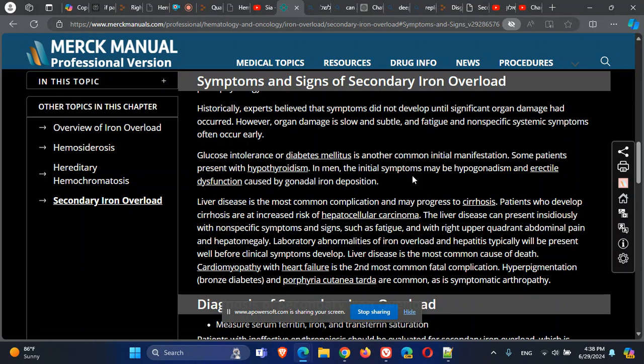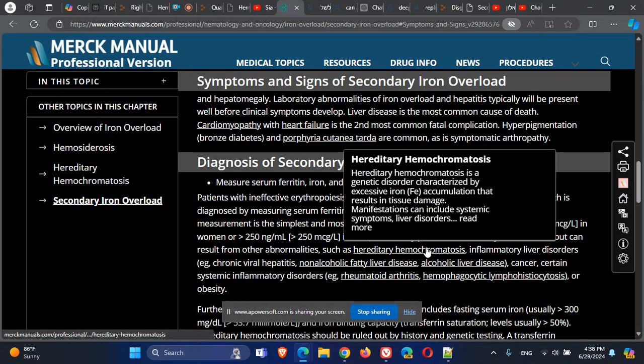The heart is the second organ to be damaged with cardiomyopathy, dilated cardiomyopathy, restrictive cardiomyopathy. The pancreas also, and we talked about it, it causes diabetes. Hypothyroidism can also be caused, erectile dysfunction, hypogonadism. Gonadal iron deposit is the reason for erectile dysfunction. This is the reason.